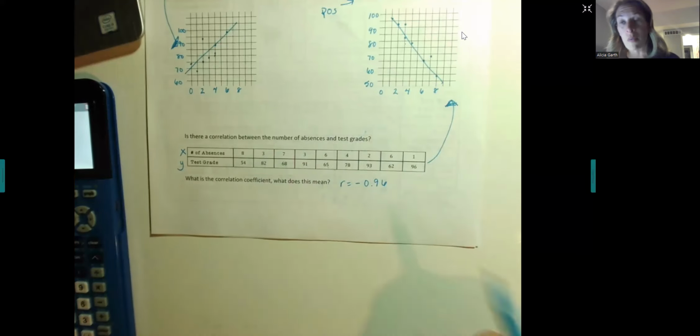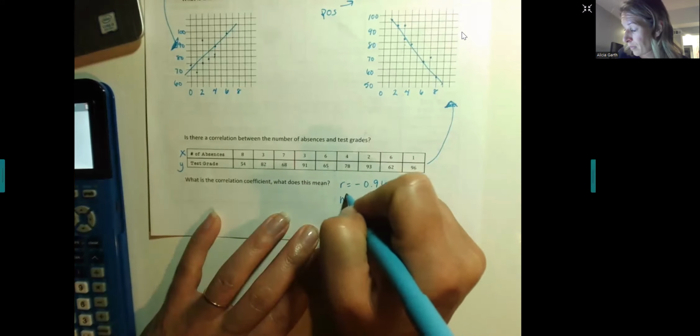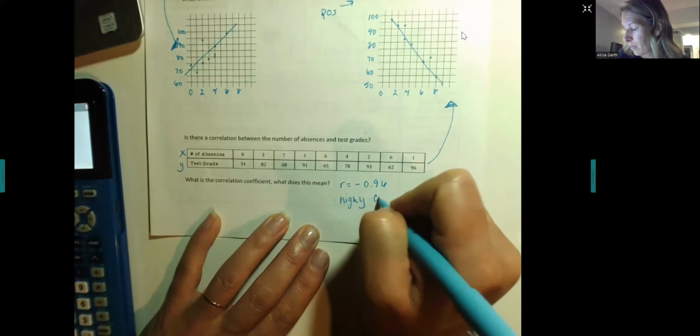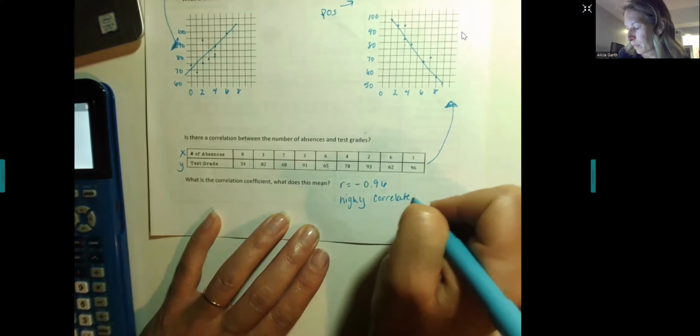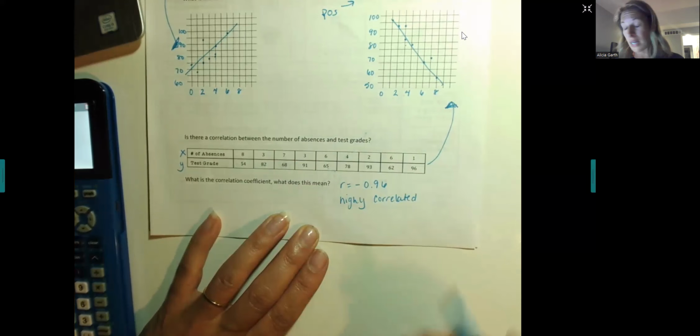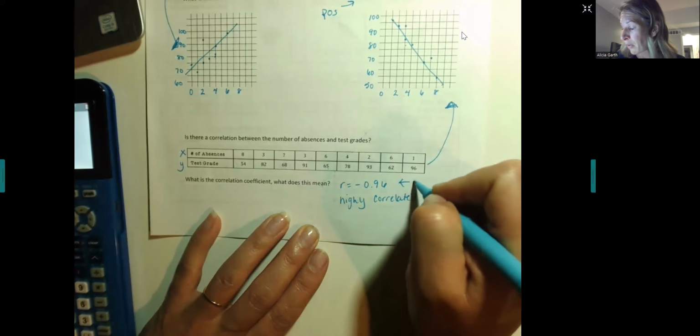Remember, it can't be anything more than 1, but holy cow, is that highly correlated because it's almost to 1. And notice the negative in front means that it's negatively correlated.